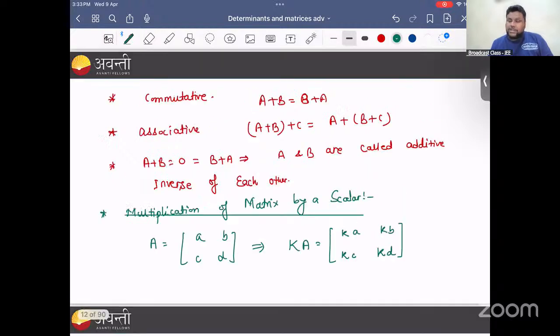All right, I'll hold the screen so that you complete your notes. So multiplication of a matrix by a scalar is nothing but simply multiplying each entry of the matrix by the same scalar. Understood?